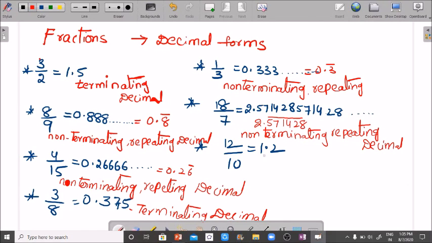Here 1.2 ends, so it is a terminating decimal.